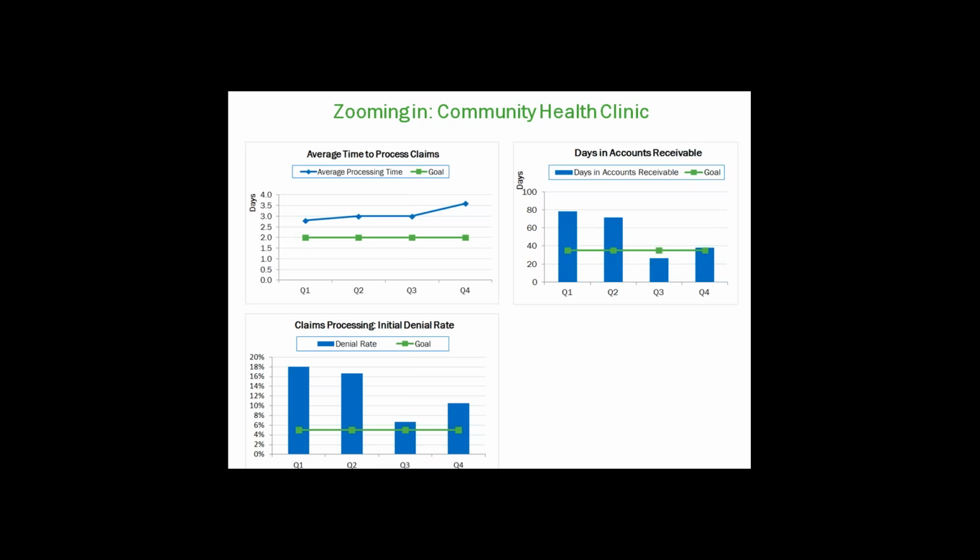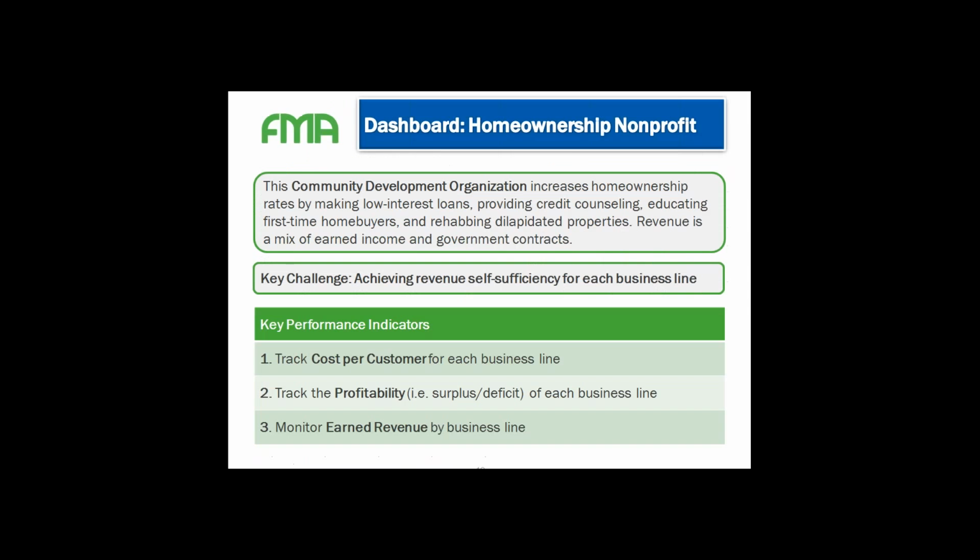I have another example. This is in home ownership, and for them, this organization was addressing this question of self-sufficiency for each of the business lines, and they knew that funding from the government was going to be phasing out over the next few years, and they were trying to figure out how do we get to self-sufficiency?